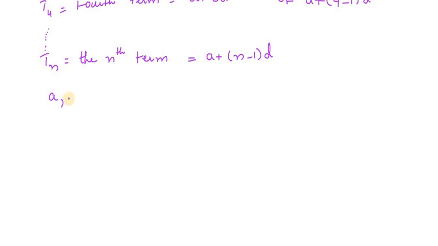What will be the sequence of an arithmetic progression? A, A plus D, A plus 2D, A plus 3D, and so on up to A plus (n minus 1) of D, which is the nth term. This is known as the standard form of an arithmetic progression.